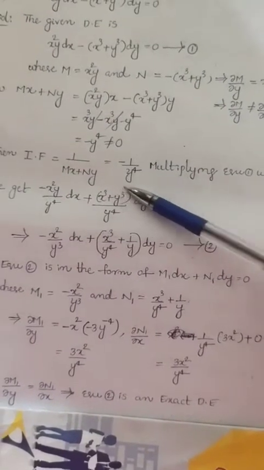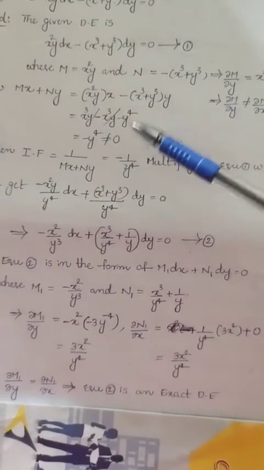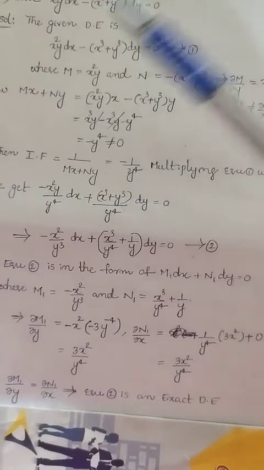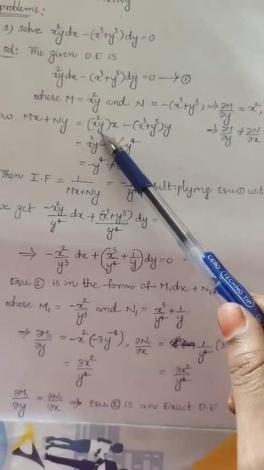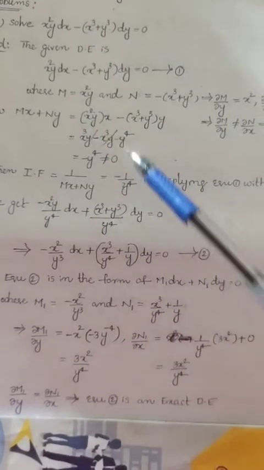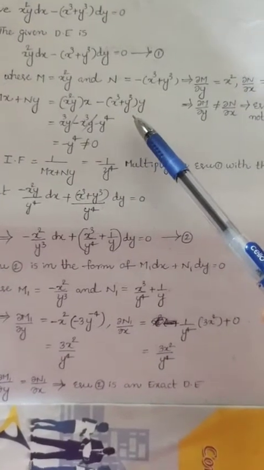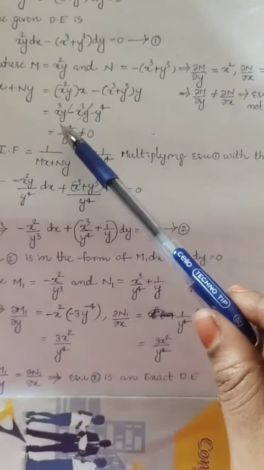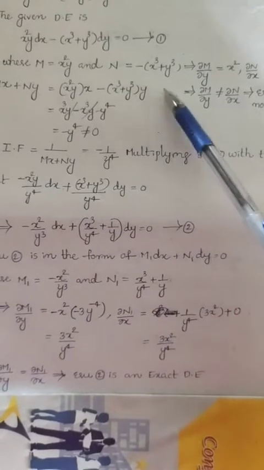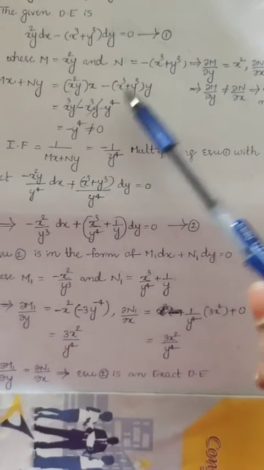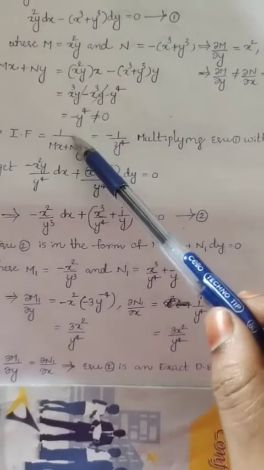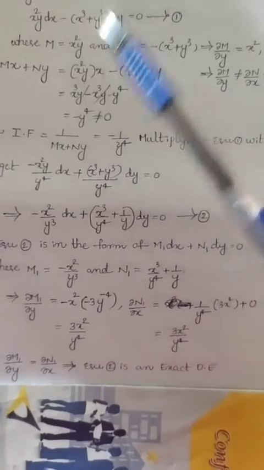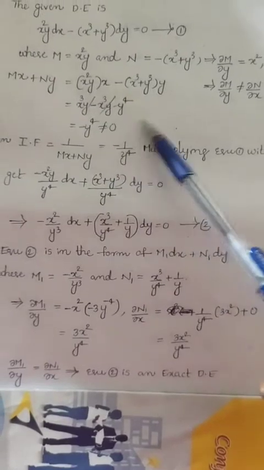Then we have to make it exact by multiplying it with the integrating factor. For this we have to find the value of Mx plus Ny. Mx plus Ny: M value is x square y into x, plus N value is minus (x cube plus y cube) into y, equal to x cube y minus x cube y minus y power 4. So plus x cube y and minus x cube y get cancelled, remaining minus y power 4, which is not equal to 0.